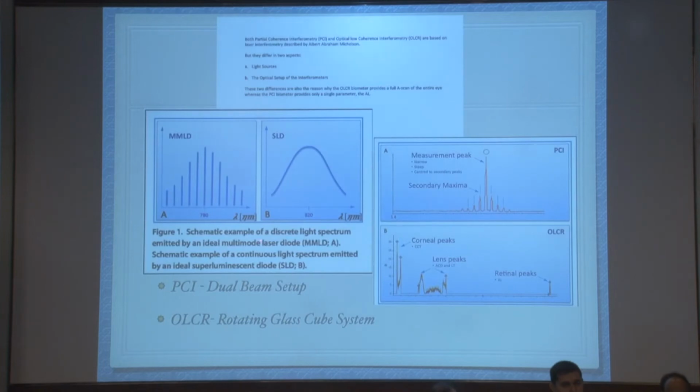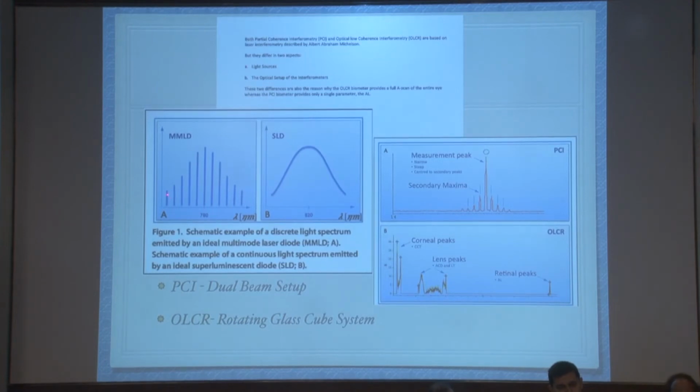So basically, if we see the difference between partial coherence interferometry and optical low coherence reflectometry, the difference is in two aspects. First is the light source which they use, and second is the optical setup of the interferometer. In PCI, like IOL Master 500, a dual beam setup is used, and in OLCR there is a proprietary rotating glass cube system which is used to measure the axial length and all parameters.